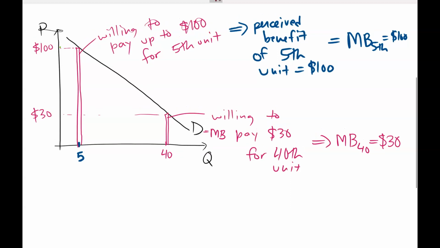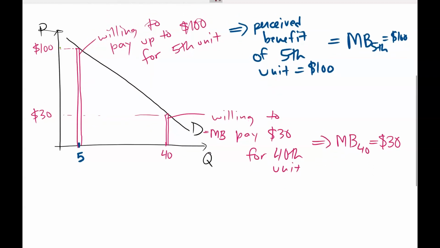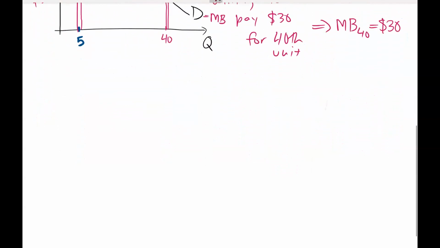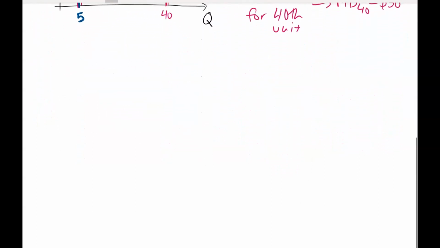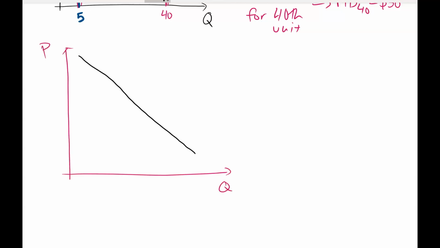Okay, so before we move on to another video, let's add one more thing. I'm going to draw the same graph as before. I'm now labeling this as marginal benefit. Before, we were talking about marginal benefit for just one unit. Now let's suppose we sell 40.